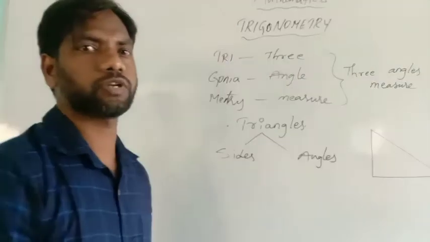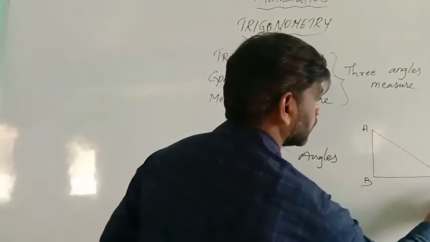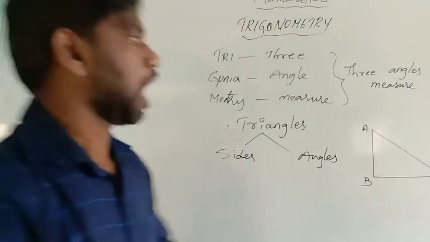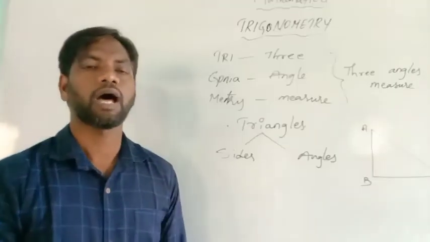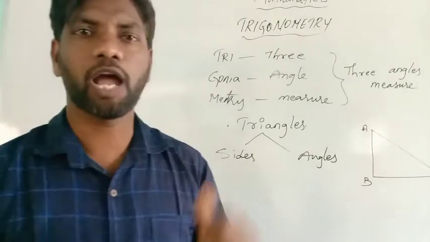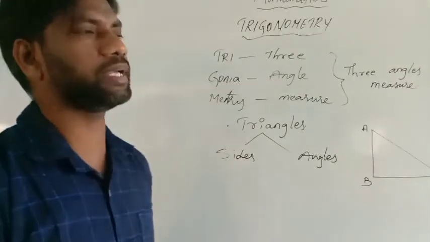Right angle triangles. A right angle triangle is defined as: the hypotenuse square is equal to the sum of the squares of the other 2 sides. How can we identify which one is the hypotenuse, which one is the opposite and which one is the adjacent?